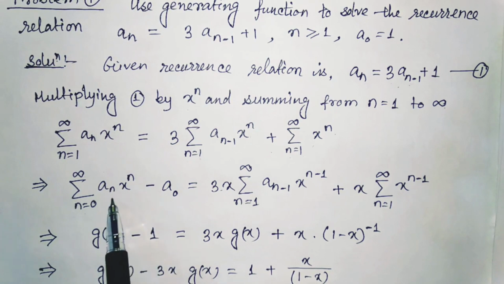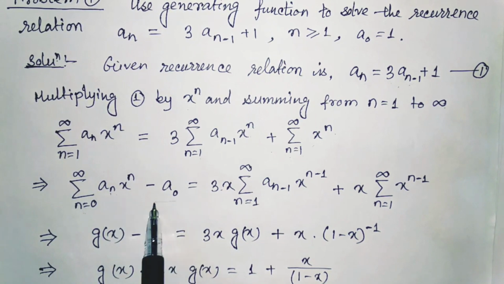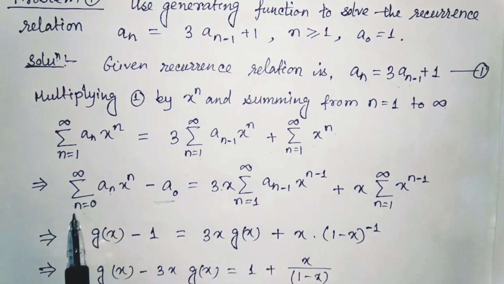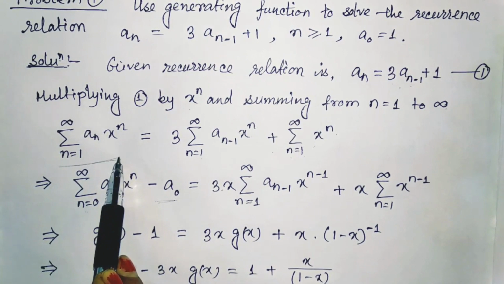Now if we write the left side from n equals 0 to infinity, then substituting n equals 0 we get a0 into 1, which is a0. That term is extra, so we take minus a0 to adjust it. So summation of an x to the power n from 0 to infinity, minus a0, is equivalent to this one.